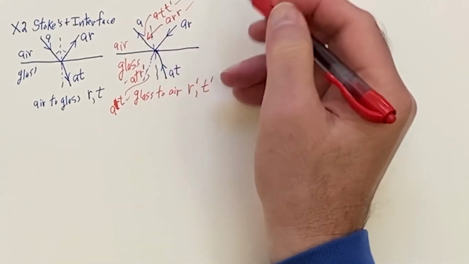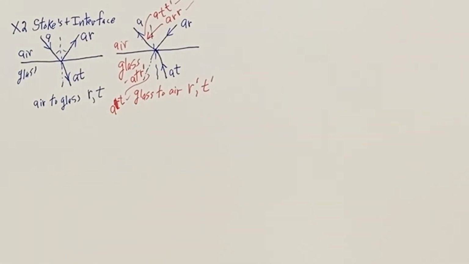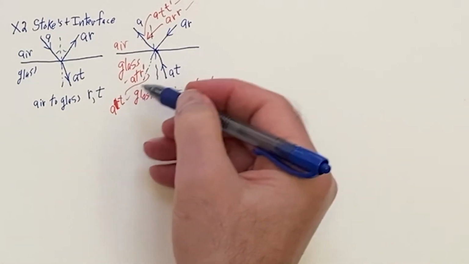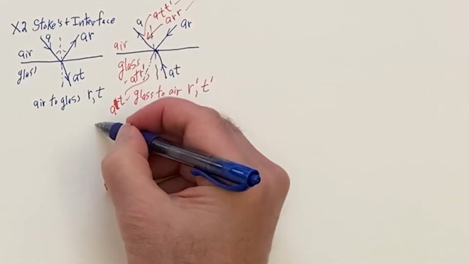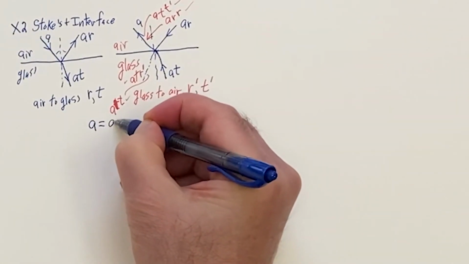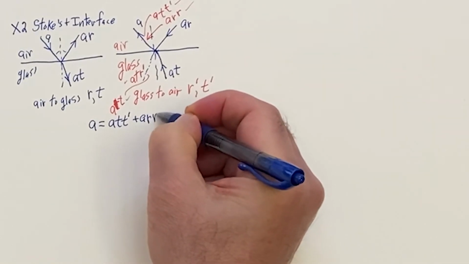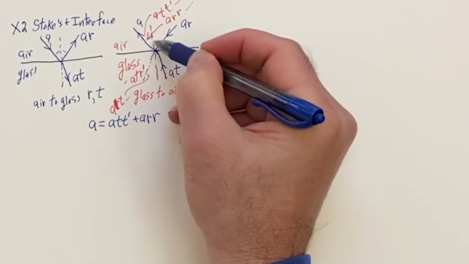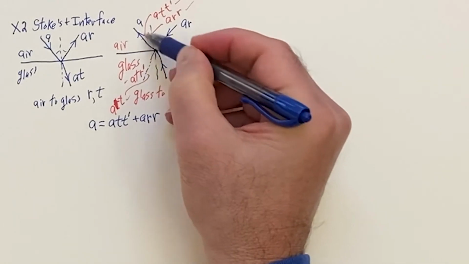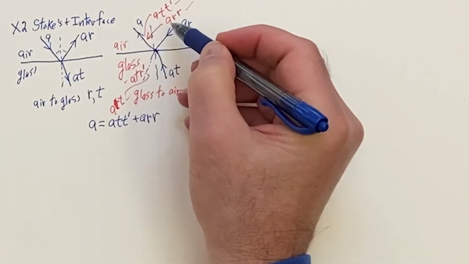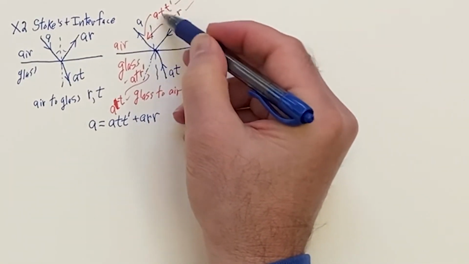And then to get the last one we haven't checked off, this one up here would be AT T prime. Okay, now here's where the fun begins, because now you know that this A here has to be AT T prime plus ARR. All right, since we're expressing this in two ways, as the A and then as the sum of these two.